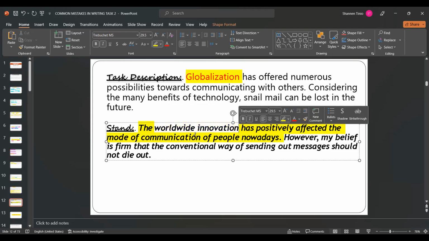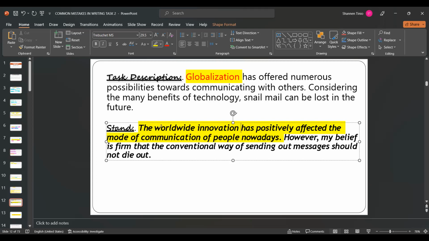Okay? Ang kulit naman, no? Bakit ayaw? Anyway, you get my point. Globalization, worldwide innovation, same thing. Offered numerous possibilities, has positively affected. Same. Towards communicating with others, mode of communication of people nowadays.